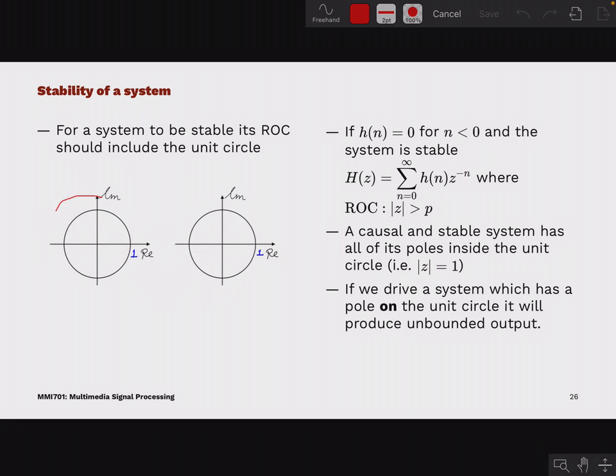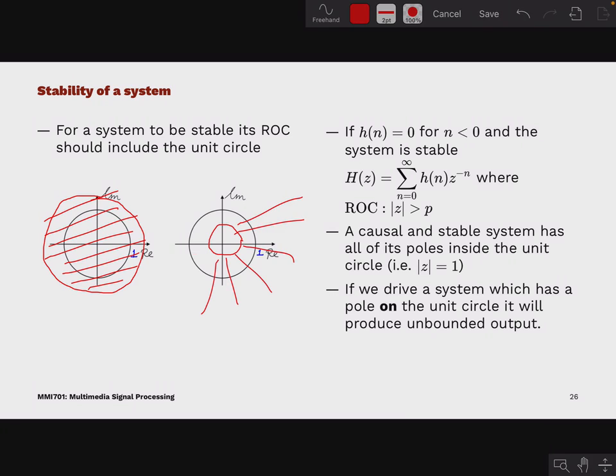So we have a region of convergence for a non-causal signal which includes the unit circle this way, or we may have a region of convergence which is outside a circle, so we have, for instance, a causal system. So these are just two examples. You may have a ring which contains the unit circle as well.